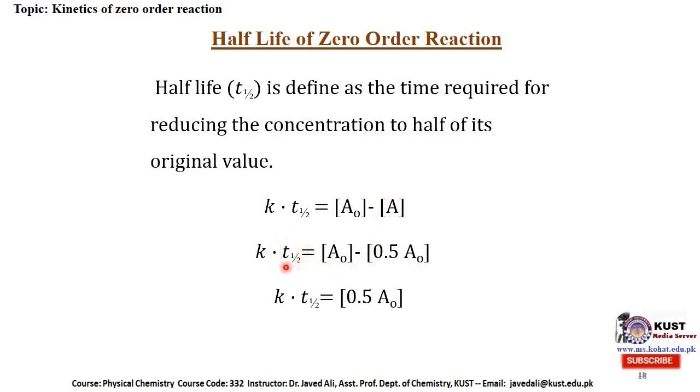t half is half-life. So by subtracting 0.5 A naught from A naught, we get 0.5 A naught. So now the equation is k t half equals 0.5 A naught.